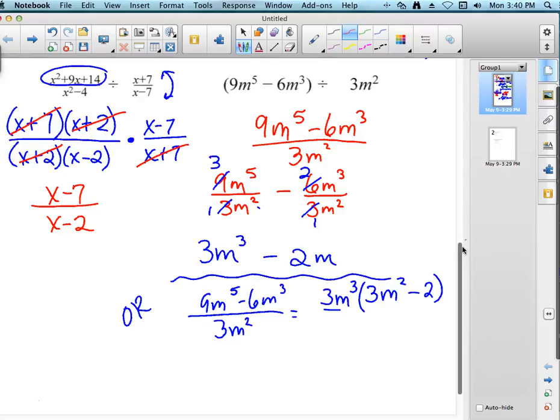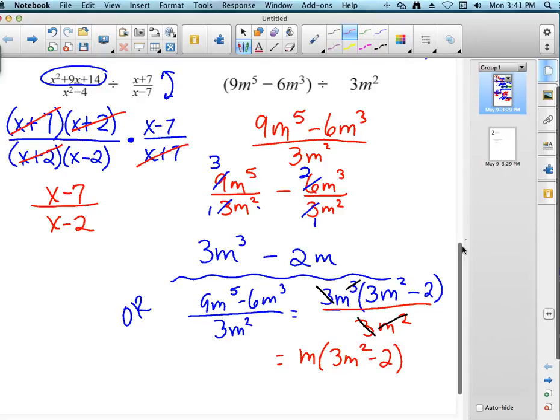We are then dividing by 3m squared. Okay? So the 3's would drop out. We could take 2 m's from both, which would leave us only 1 left here. So we end up with m times 3m squared minus 2.